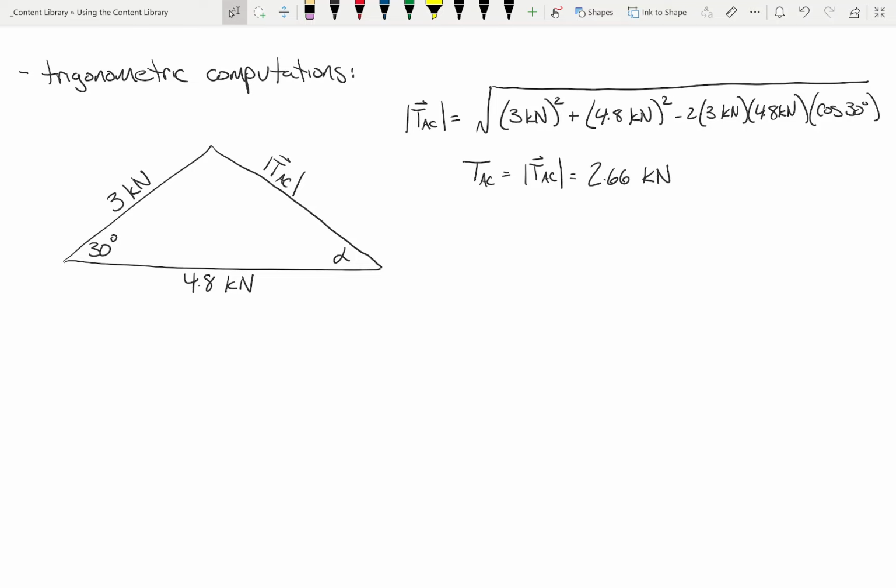What about alpha? Well, I propose we can solve for alpha. Let's keep it simple and just use the law of sines, right? So the sine of alpha over 3 kilonewtons equals the sine of 30 degrees over, what is it, the 2.66? Yes.